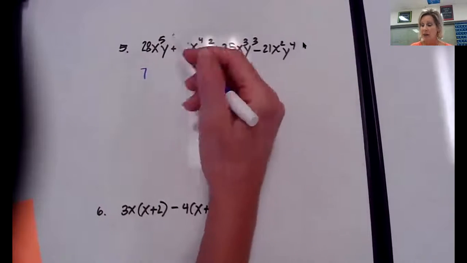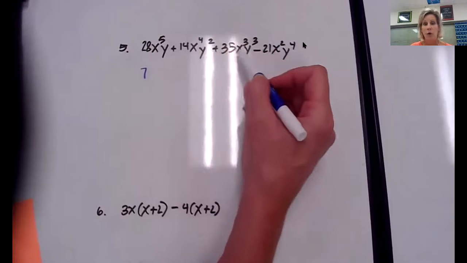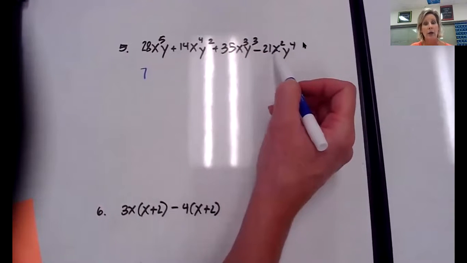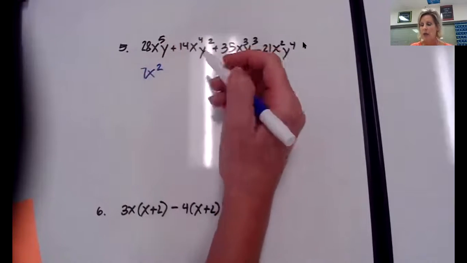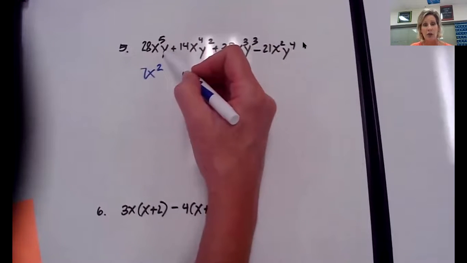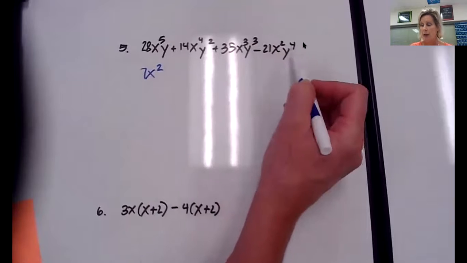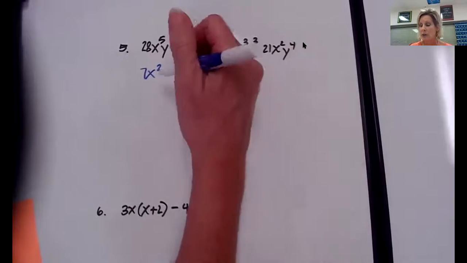Look at your x's. I've got x to the 5th, x to the 4th, x to the 3rd, and x squared. X squared has the smallest exponent, so x squared is what you take. And on the y's, you have y to the 1st, and then all the other y exponents are higher, so y to the 1st is the most you can take.